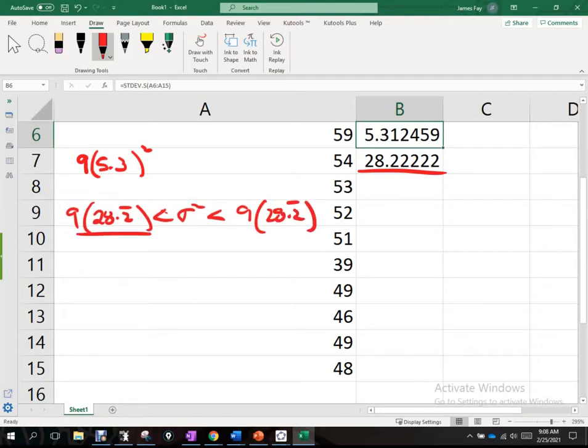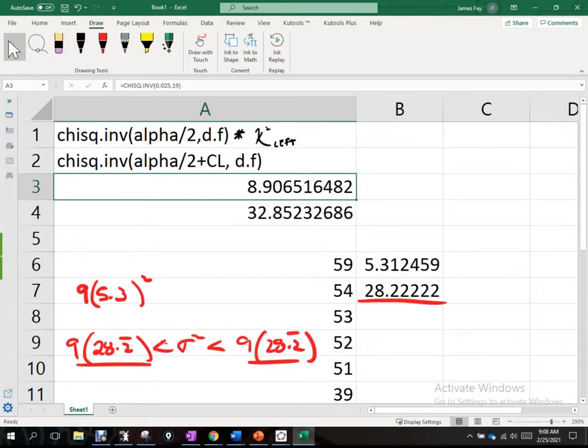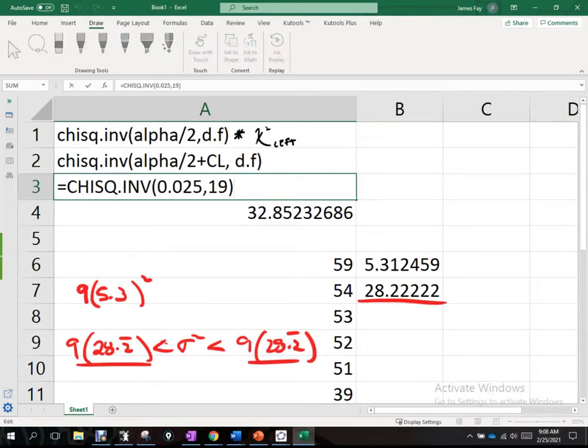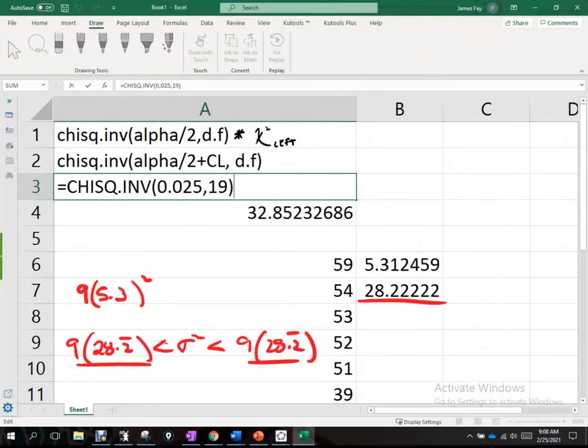Okay, now I've got to find those chi-square values. Okay, I'm just going to come back up here to this old one. We wanted 90% confidence. So if I'm going 90% confidence, alpha over 2 would be 0.05, correct? Okay.